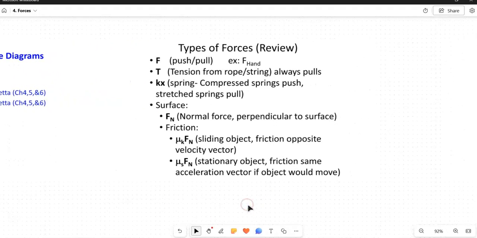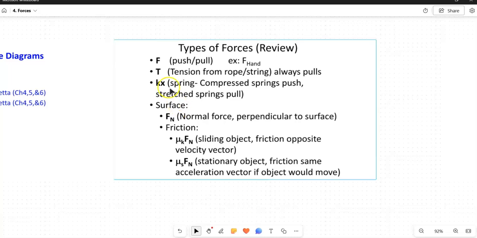Again, we've listed out all the contact forces in our course. Those contact forces are a force of a push or pull, which you would just subscript with whatever's causing it. A rope force would be T, and ropes always pull.